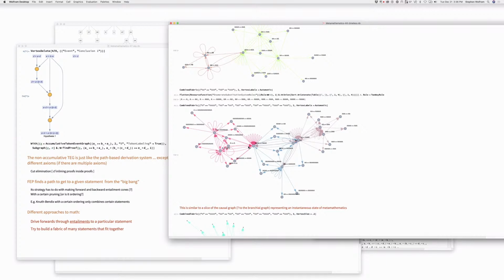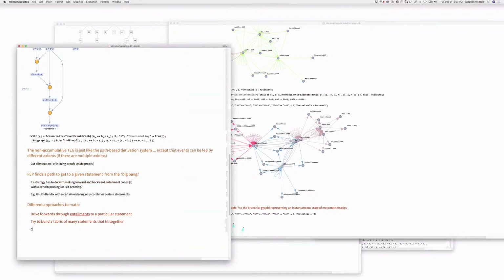And the issue is, if you hit a white hole in the entailment fabric, then it's inconsistent. You don't want that. So the goal is to dodge the white holes. It reminds one of these science fiction movies, to dodge the white holes. That is what you're trying to do in building mathematics. In the second one, you create a two-way graph by including both forward and backward entailment cones.